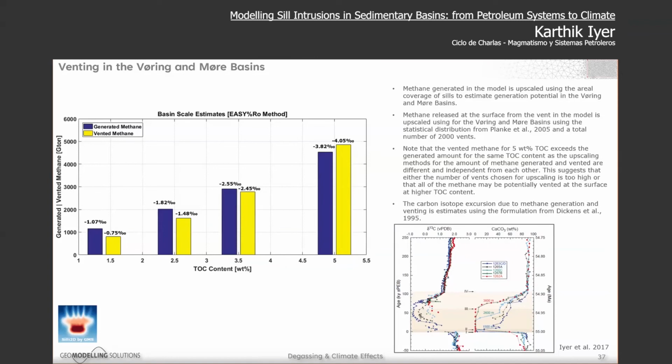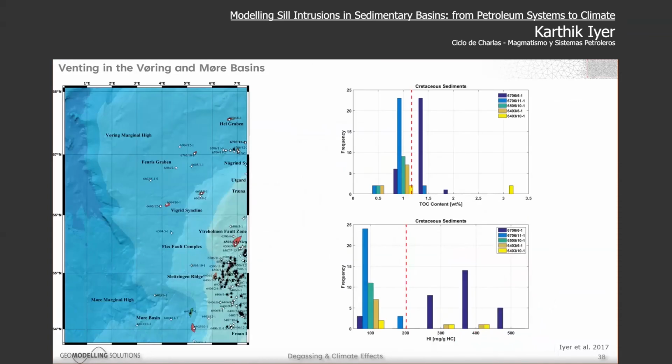If you do a more rigorous Organofacies kind of method, which is more industry standard, where we take into account the gas and oil generated from kerogen itself, there's a lot of inert kerogen in these systems, and that can reduce that. Moreover, the Cretaceous sediments, in which most of these sills, at least in the Vøring and Møre basins, are emplaced, have relatively low TOC contents, even when they're immature.